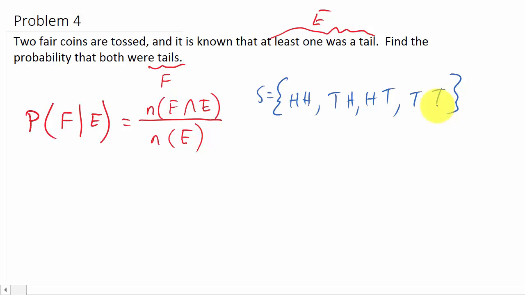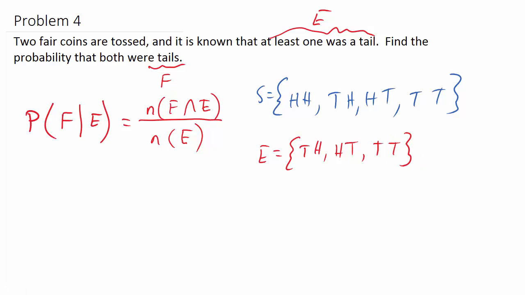Well, what would E be? E would be at least one was a tail. Well, that's these three. And then F is both are tails.